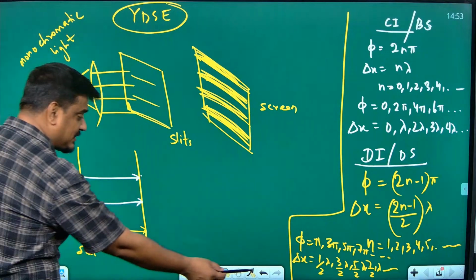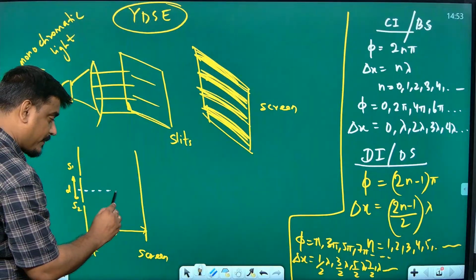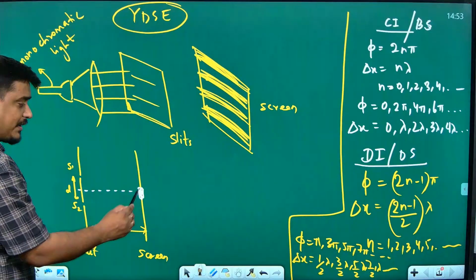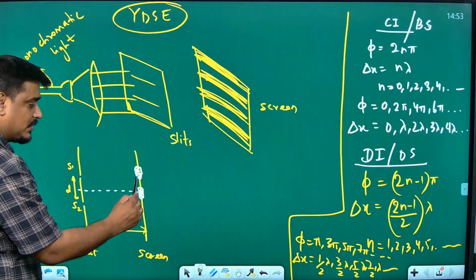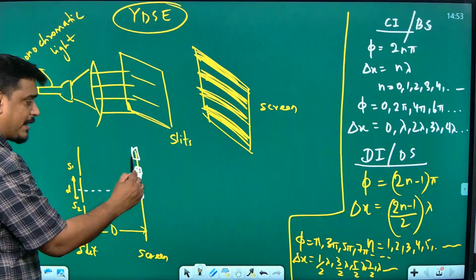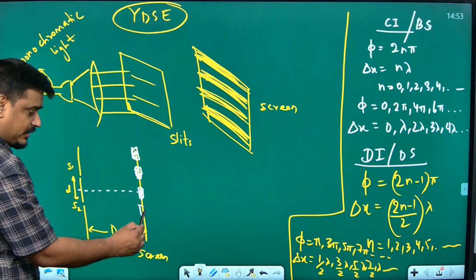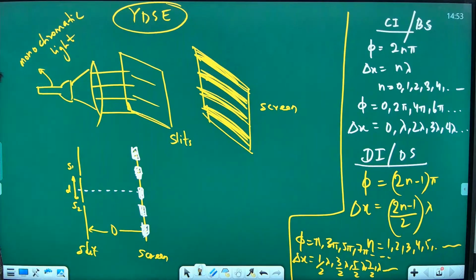To the surprise, what was observed is that in the central point you have a bright spot, then a dark spot, then once again a bright spot, then a dark spot, then once again a bright spot. Same way here also: central bright, dark, bright, dark, bright. Are you able to feel how the fringes are? These are called spots or fringes, bright spots and dark spots, or bright fringes and dark fringes.